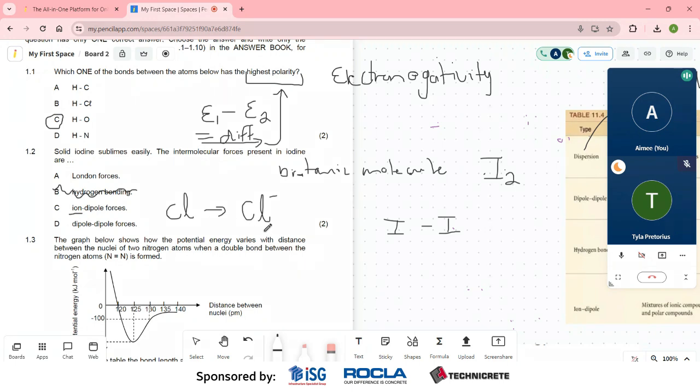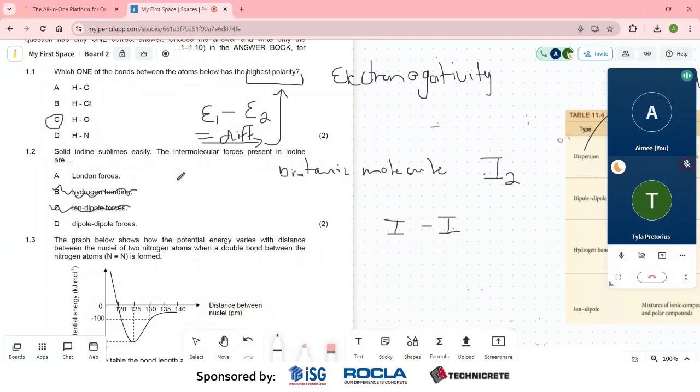It's in its ionic form, which means that it's got a charge. And there's that charge table that you need to study and know off by heart to know which charges they become. Okay, so only if you have an ionic form of a periodic table element do you have potentially ion dipole forces. And then the last one is dipole-dipole.